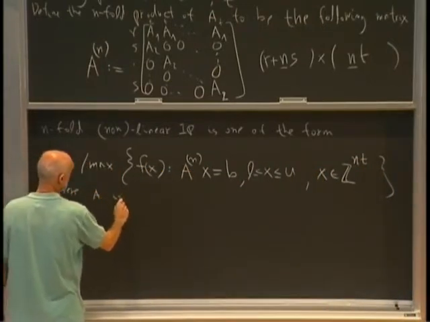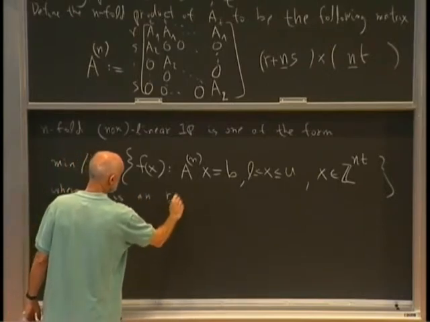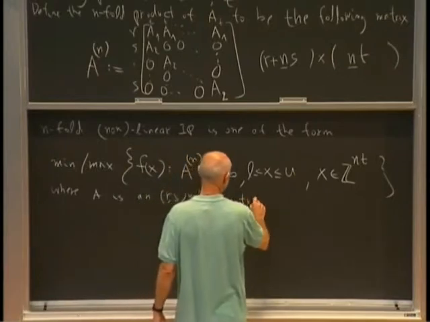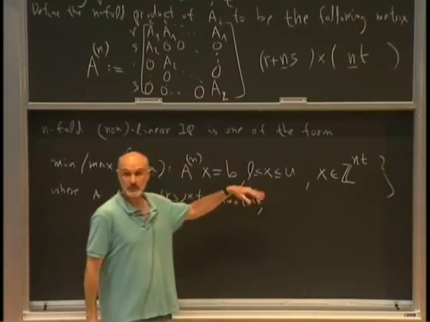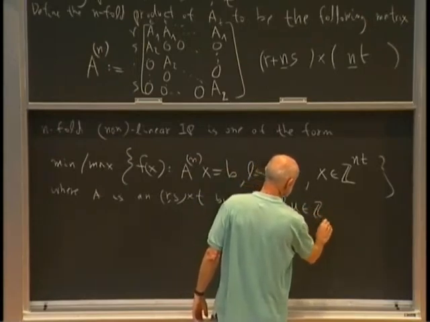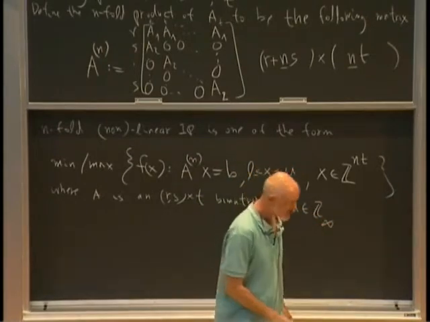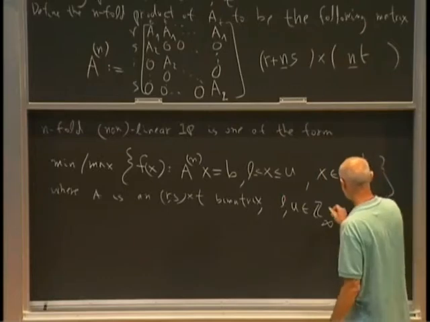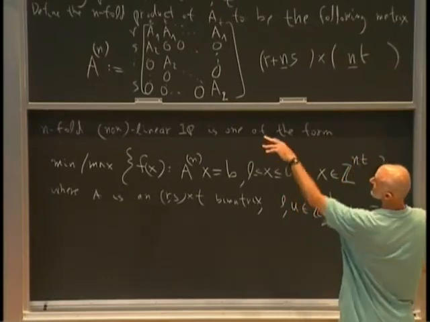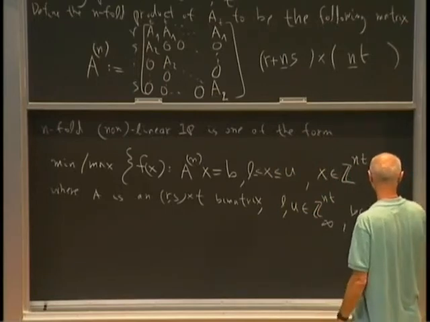A is an r by t matrix, and all these vectors should be of the right dimension. The lower and upper bounds are in Z infinity; again, they may have plus or minus infinity entries, so no bounds. And b is in the space of rows, R to the power r plus s.